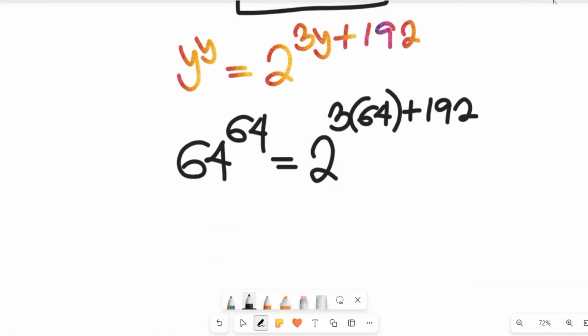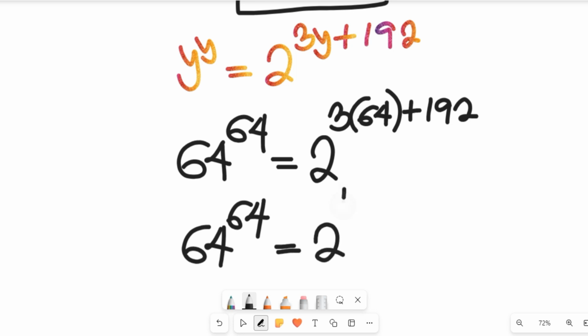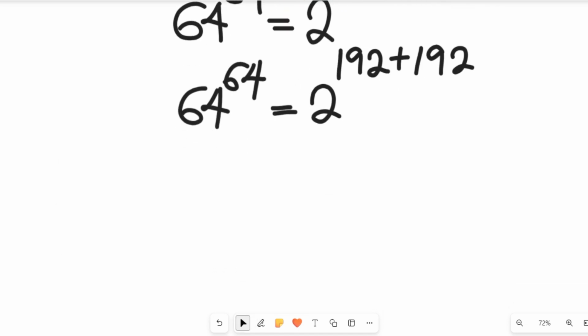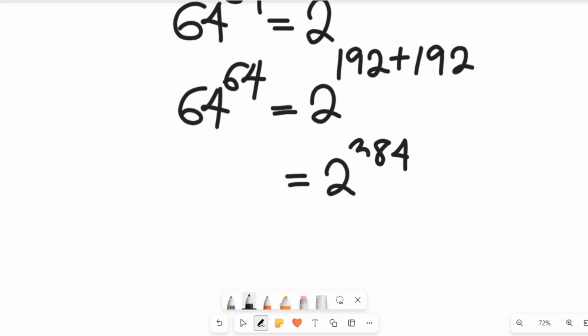So what will that expression give us? This will give us 64 to the power of 64 equal to 2 to the power of, this will give me 192, right, plus 192. What a large expression. So this is now going to give me 192 plus 192, and that will give me 384. And 64 can be written as 2 to the power of 6, all to the power of 64.